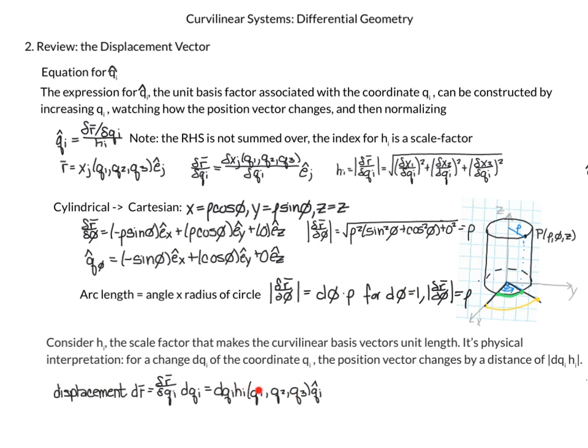So that again means this h of i tells us the distance that the position vector changes when we make a little change dqi.